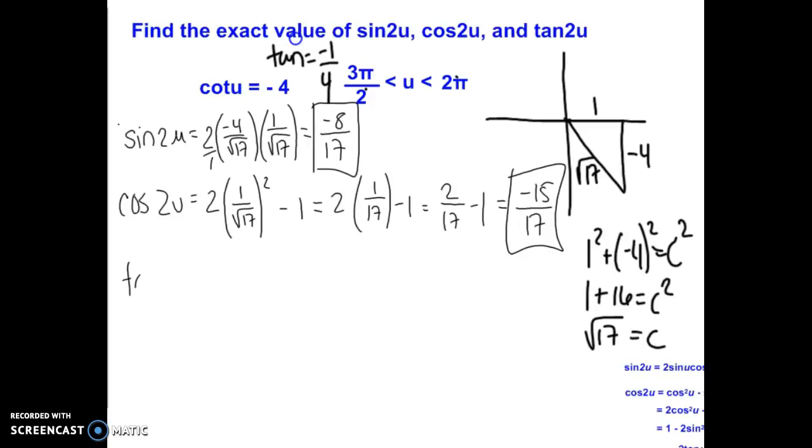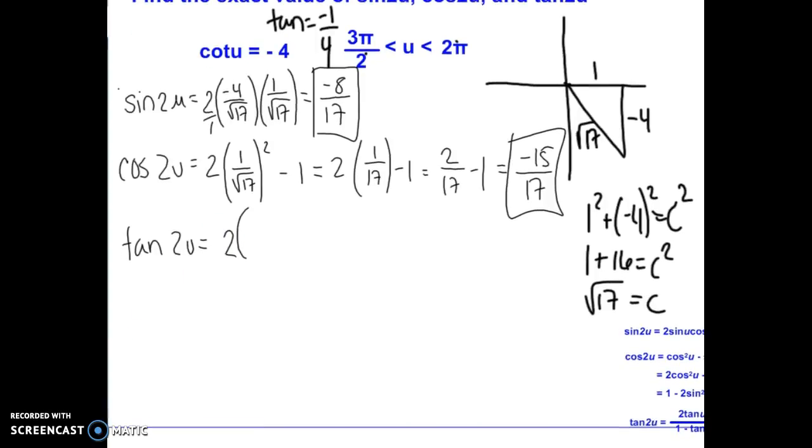Then the tangent of 2u will be, if you look down here in the formula, twice the tangent. And the tangent happens to be, sorry, I got to extend my screen here so you can see.